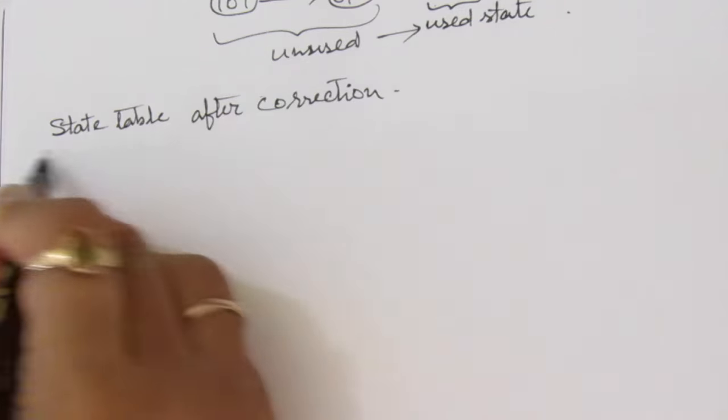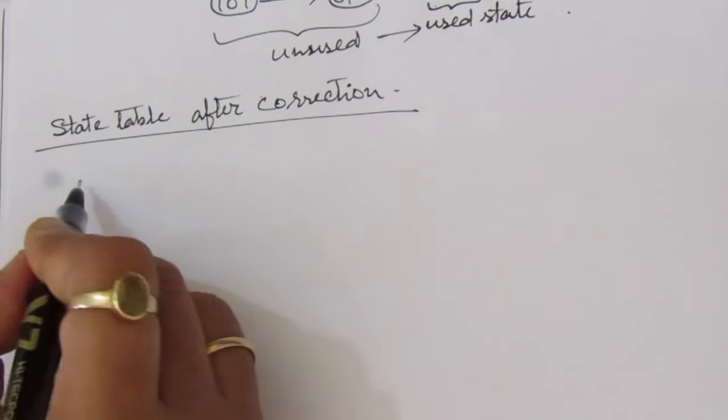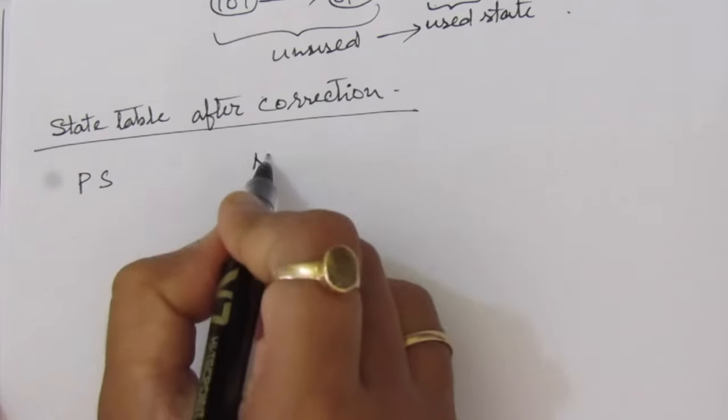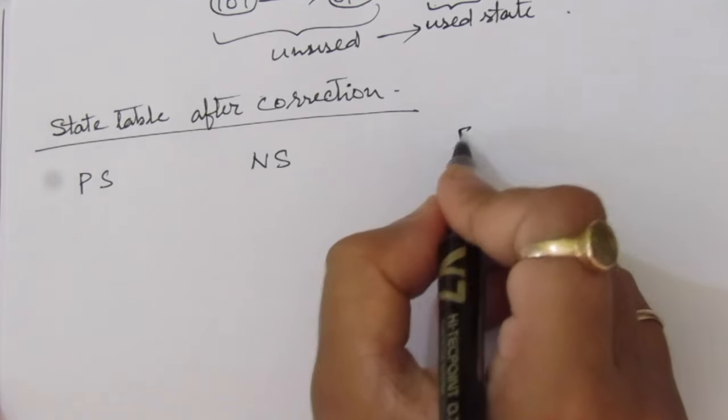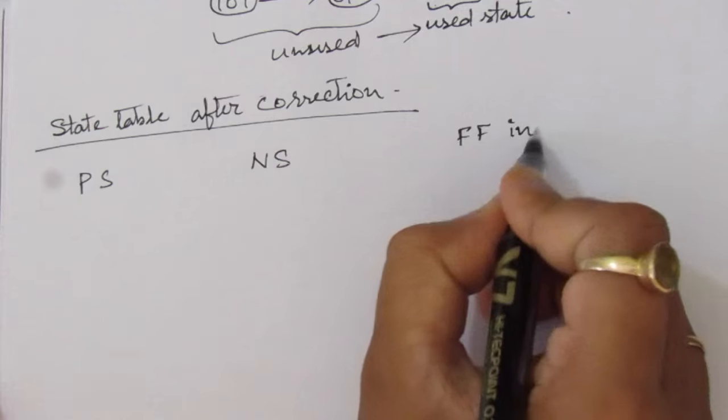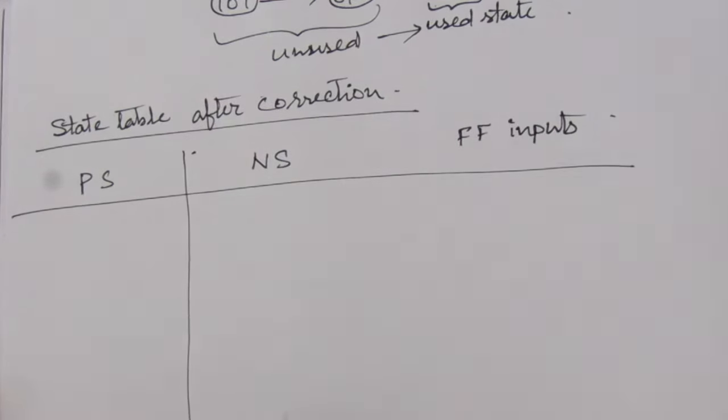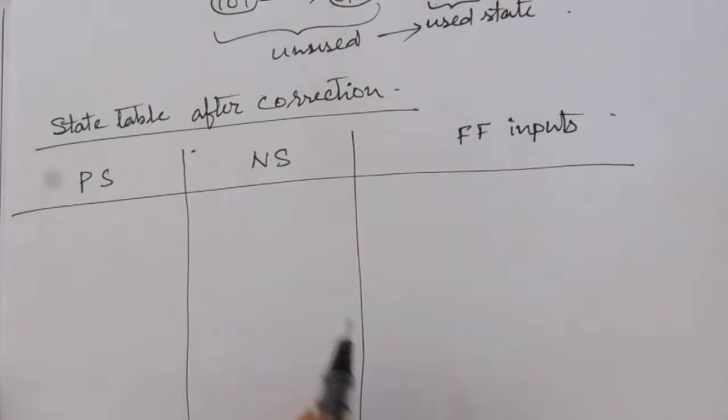Now let us make the state table after correction. Here we'll have the present state, here the next state, and here the flip-flop inputs. We'll make the complete table and find the respective equations.